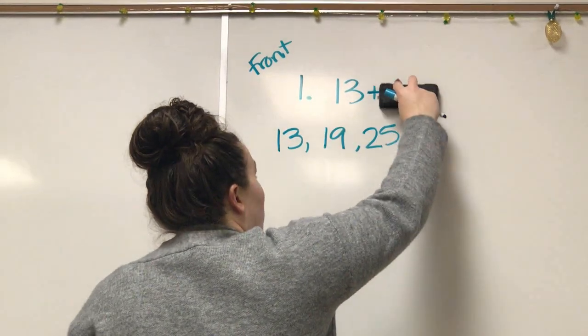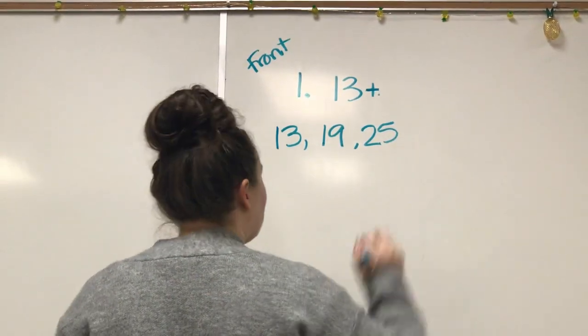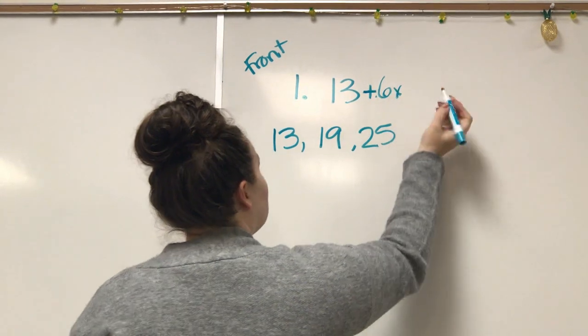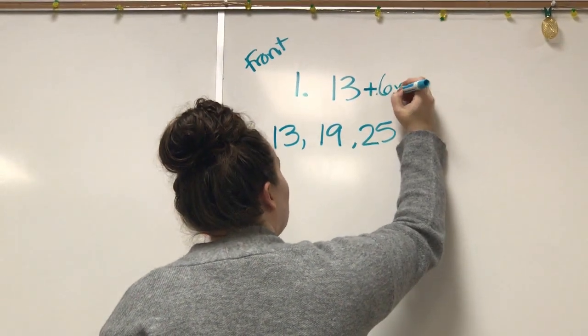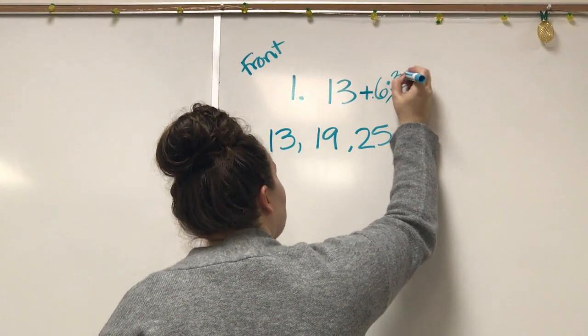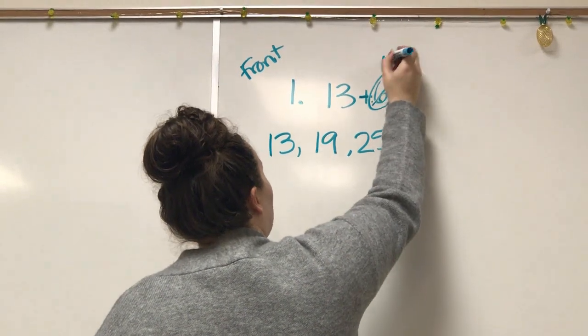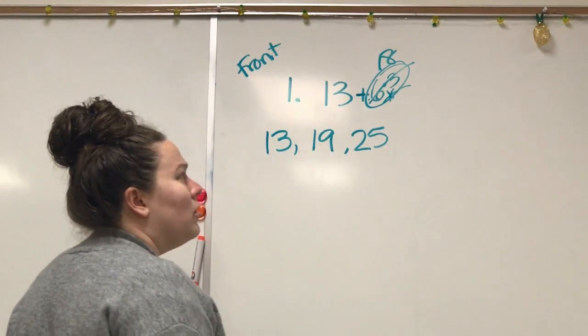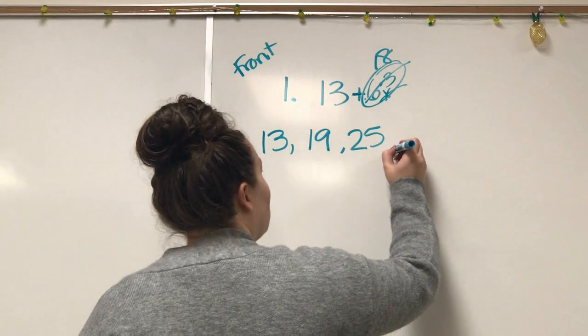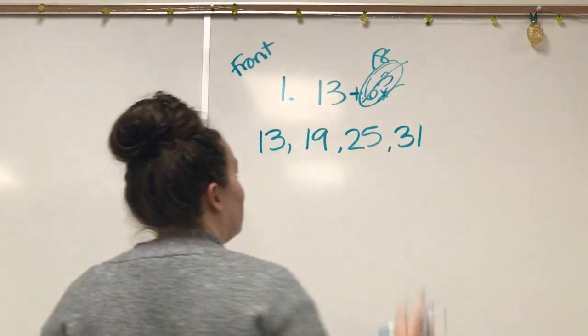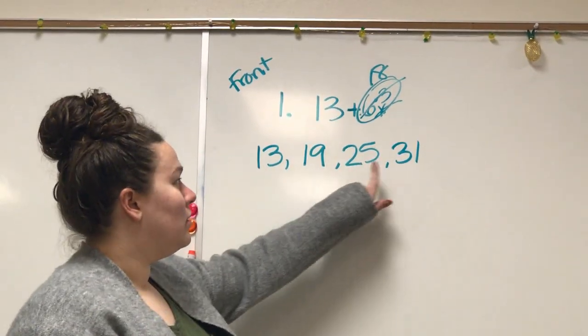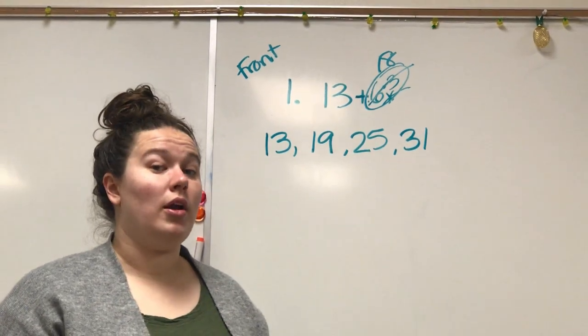Last problem on number 1. 6x. Have to multiply it by 3. Mark out the x, times 3. This is now 18. 13 plus 18 is 31. That is your answer for number 1 on the front.